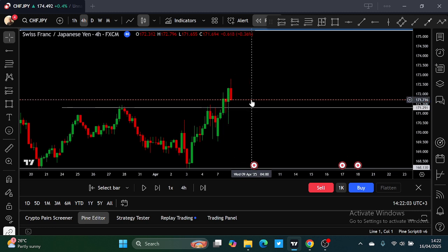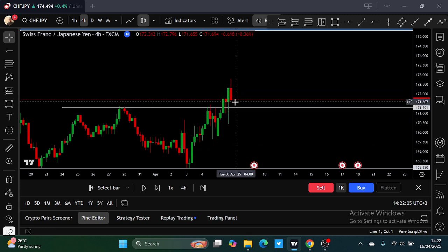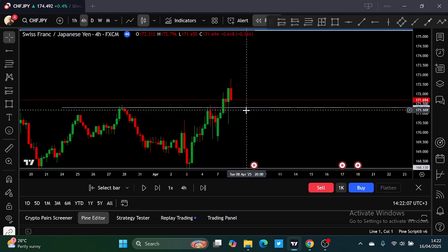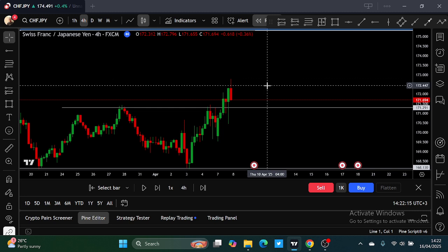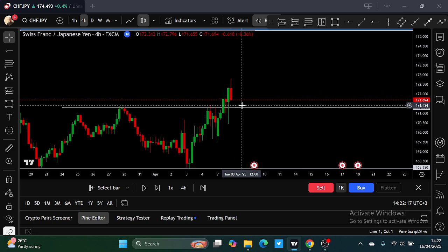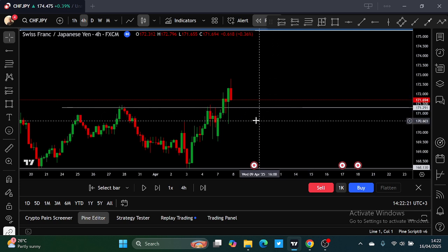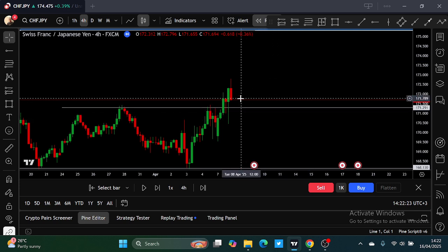It had already retested. You can ideally enter from here and take the price upside, but me, I would like to wait for further confirmation, another retest, before I take the price out to the upside, or I wait for a green candle just to show me that there is buying pressure such that I can buy with the momentum.